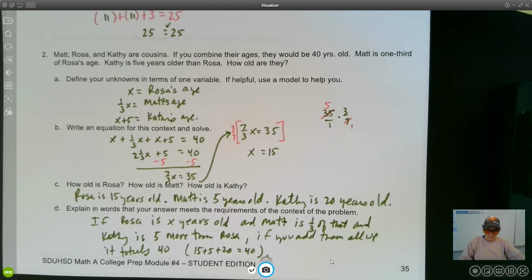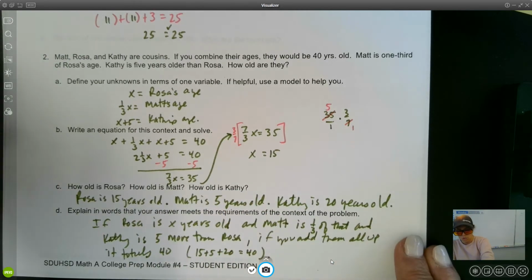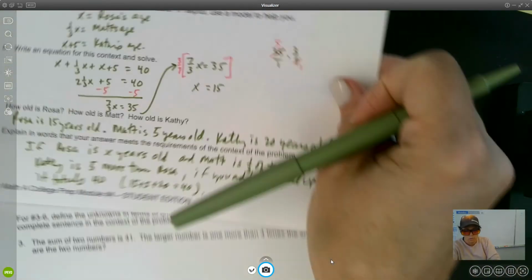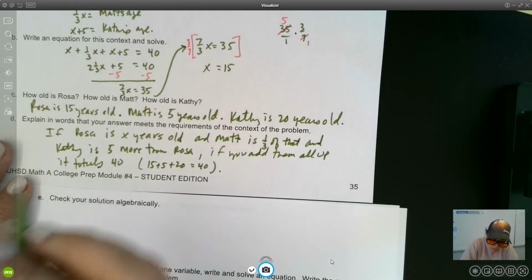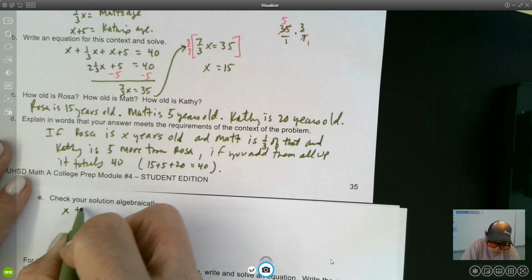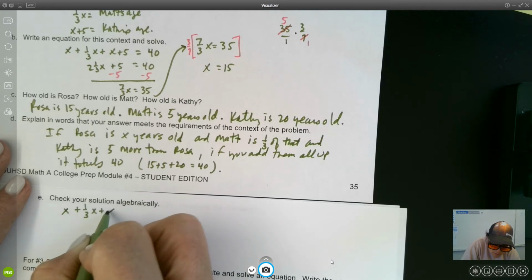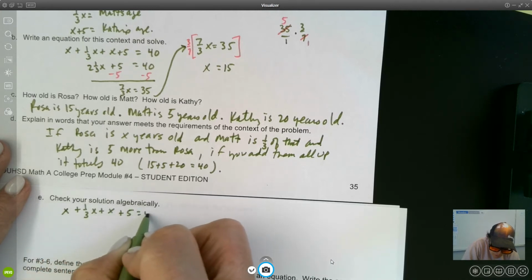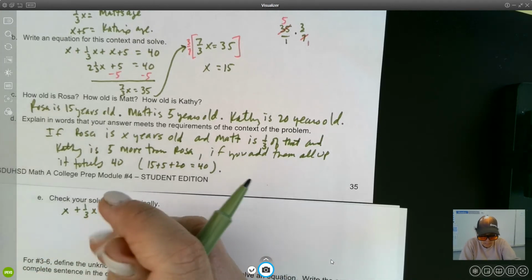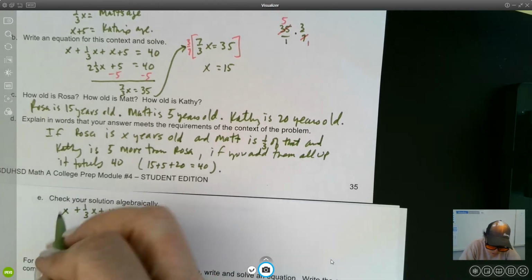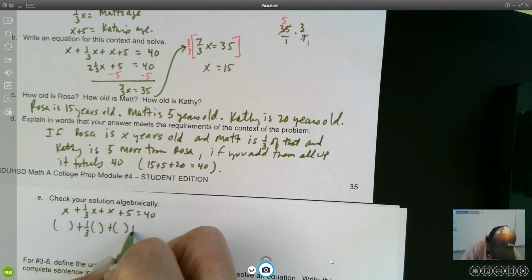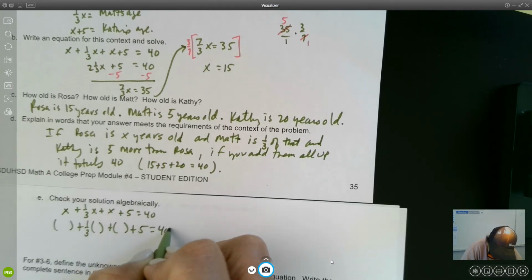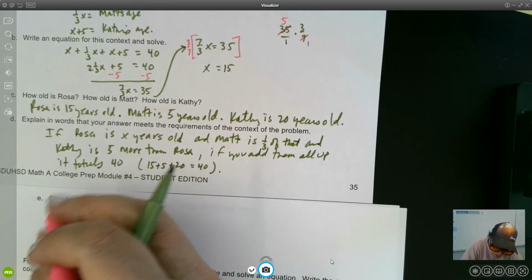Okay, and then on the next page, there's a part E that says check your solution. Okay, so I'm just going to rewrite this equation. x plus 1/3 x plus x plus 5 equal 40. Okay, and where these x's are, I'm tucking in 15 here.